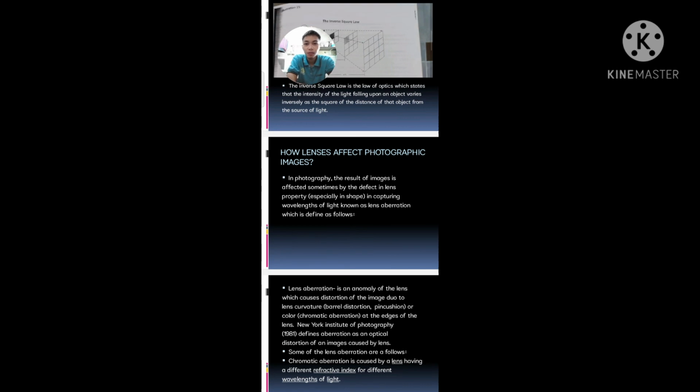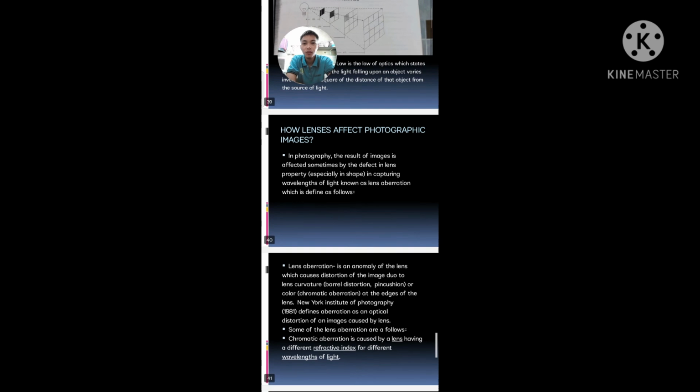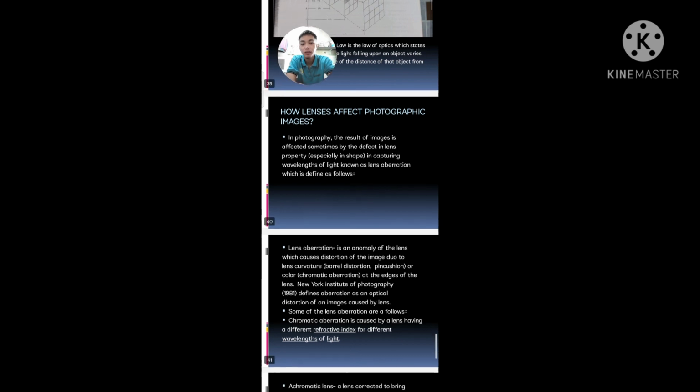How lenses affect photographic images. In photography, the resulting image is sometimes affected by defects in lens properties, especially in shape, in capturing wavelengths of light, known as lens aberration, which is defined as follows.